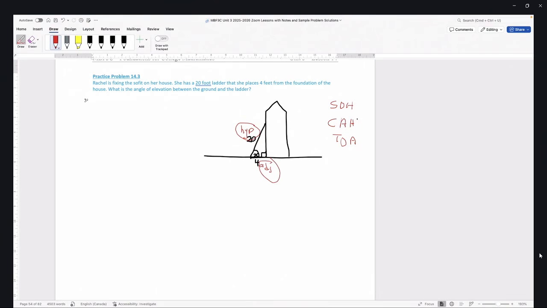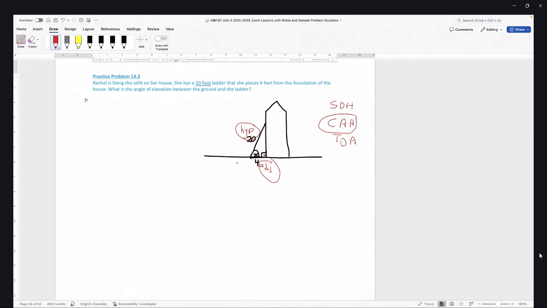Adjacent and hypotenuse would be cosine. So in this particular case, we're going to be using cosine, one of the 3 ratios, because we have a right angle. So we can use cosine.